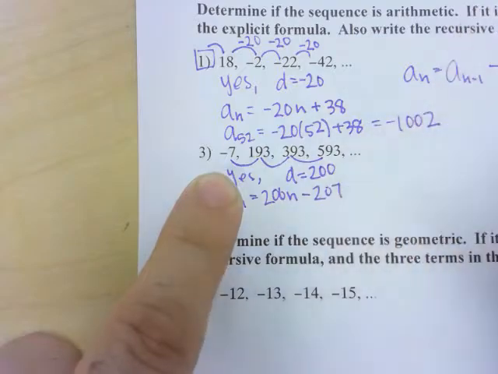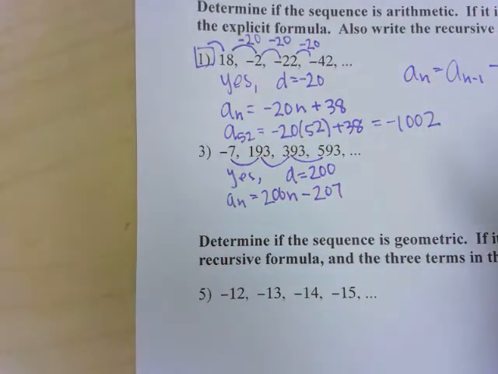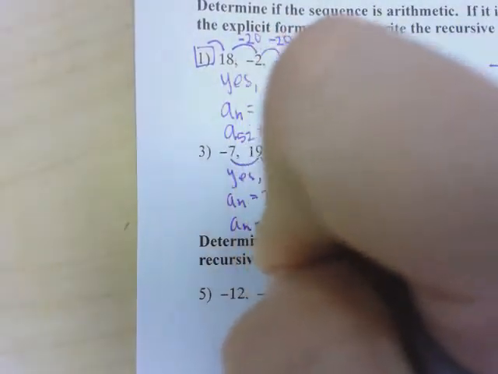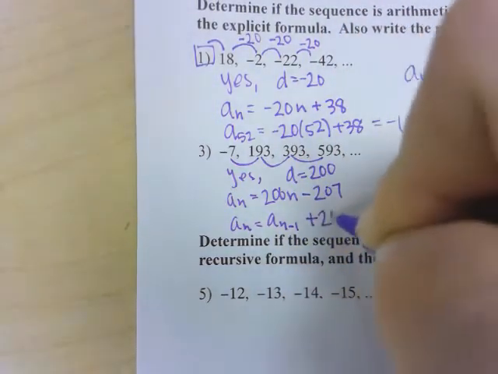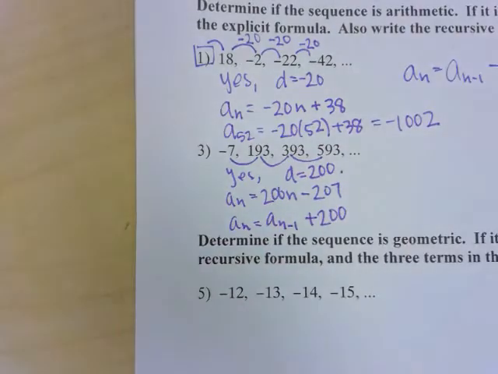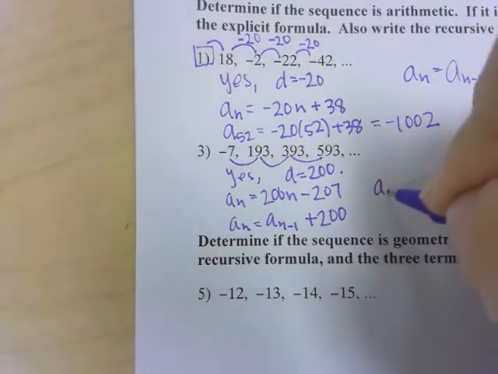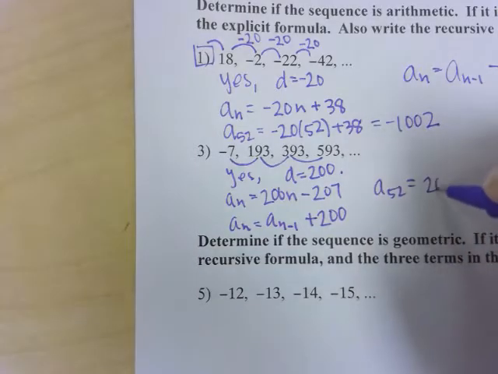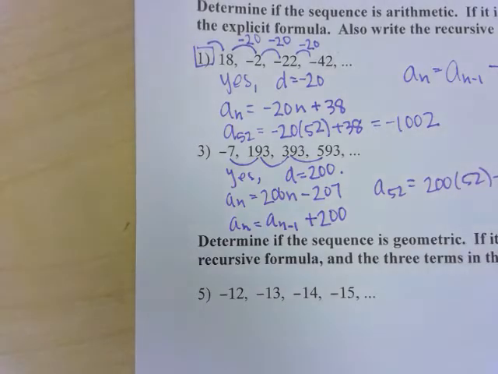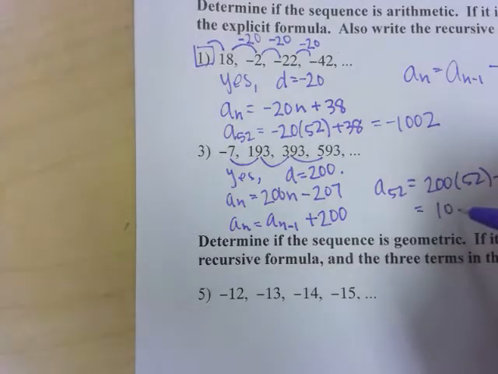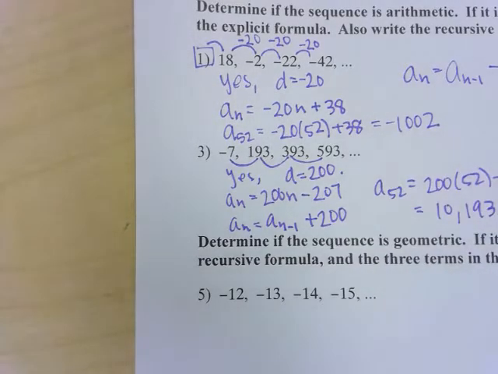It would be -207, -7 minus 200. A sub n equals a sub n minus 1 plus 200, because the common difference is 200. If I want to find the 52nd term, 200 times 52 minus 207 is big, 10,193.